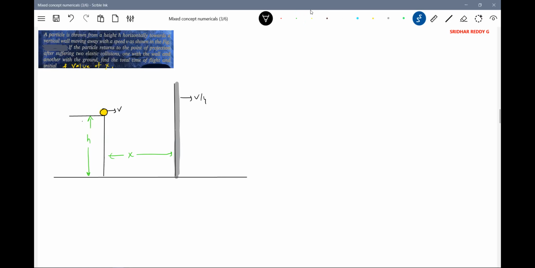Read the content properly. You have to think a little bit here. You should not go directly for writing a formula in such problems.